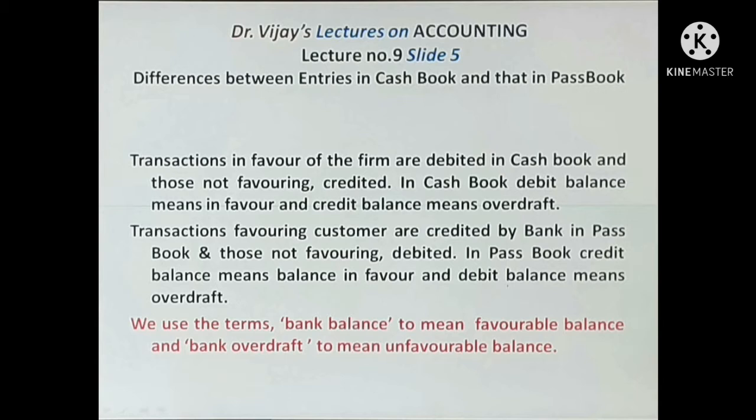Slide 5 deals with differences between entries in cash book and that in passbook. Transactions in favor of the account holder, the firm like Sabu's, are debited in the cash book, and those whereby money goes out of bank account are credited. In cash book, debit balance means balance in favor, and credit balance means overdraft. On the other hand, in passbook, transactions in favor of the customer, whereby money comes to the bank account, are credited by the bank in passbook.